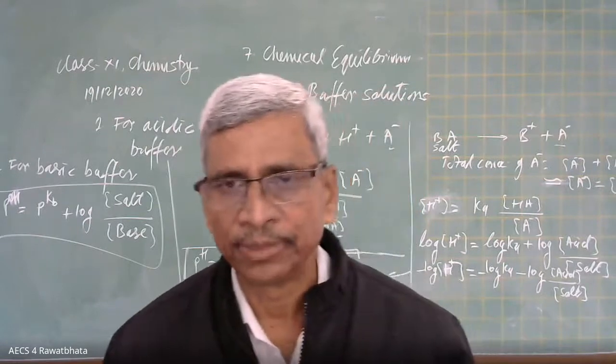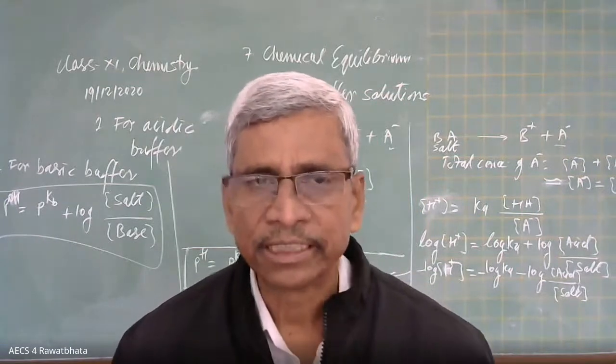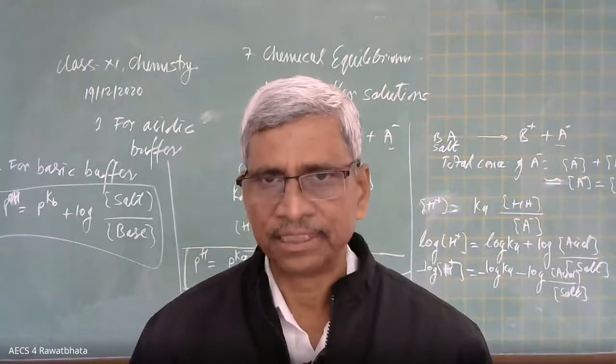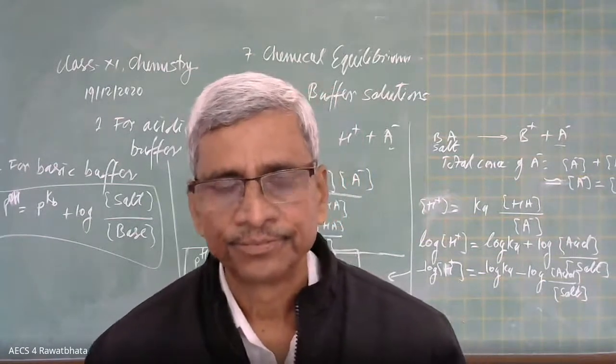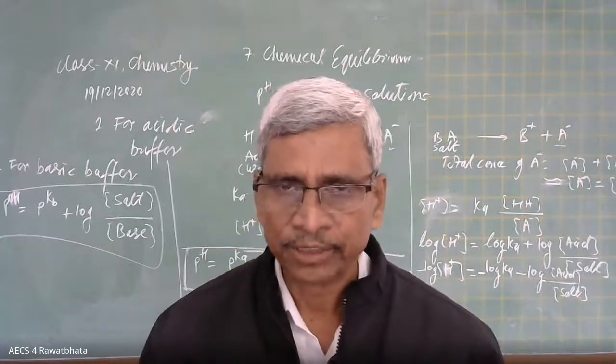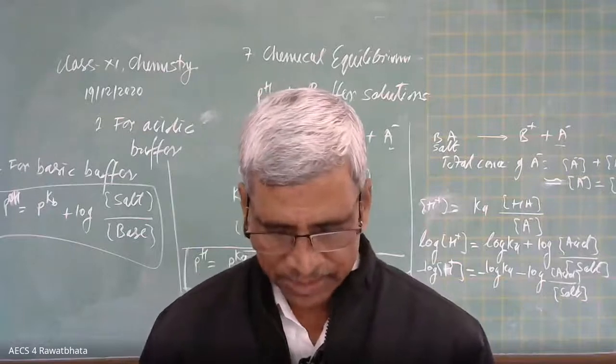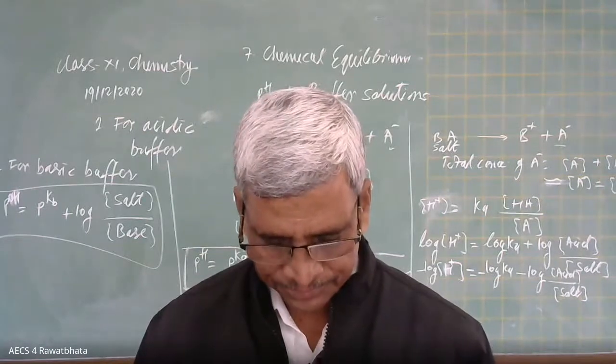Chemical equilibrium can exist in an open vessel if the reactants are in liquid state and these liquids are non-volatile. Equilibrium with non-volatile liquids can be attained in an open vessel. It should be liquid state but not volatile.